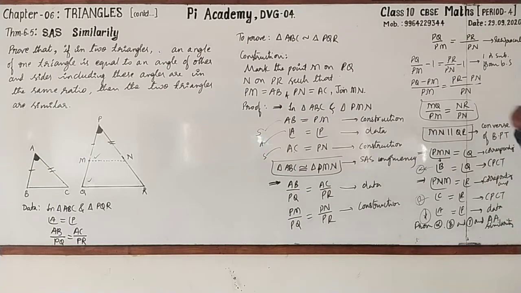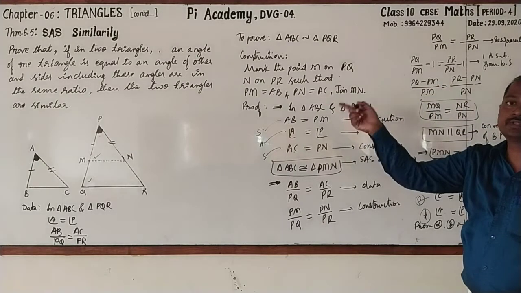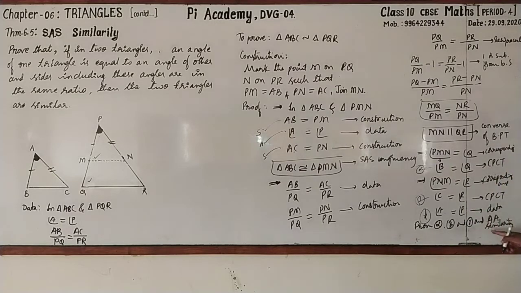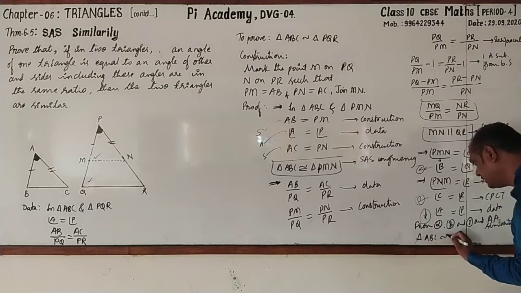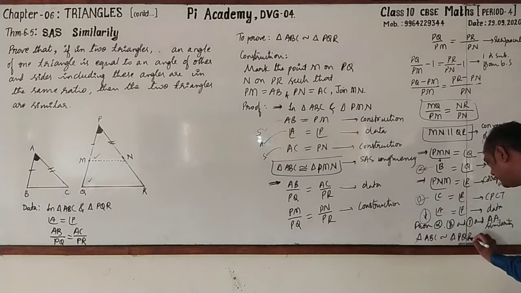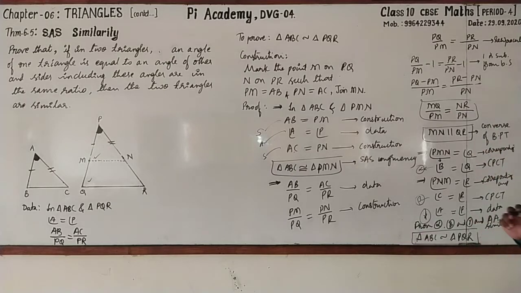This similarity is proved by using one of the important similarities, that is AA. You can say that triangle ABC is similar to triangle PQR. Followed? So now you are going to copy from there to here. Hope that you might have written with me.